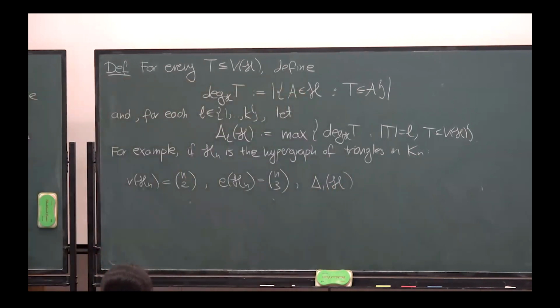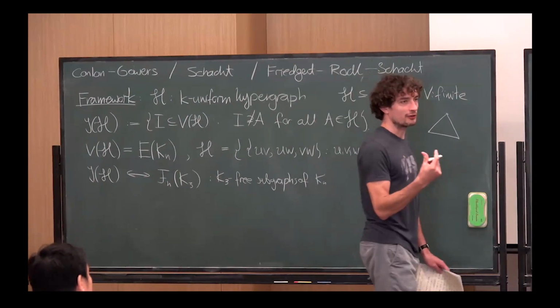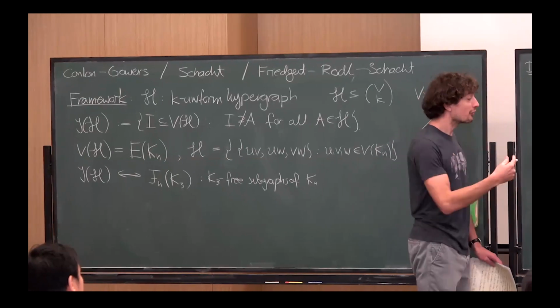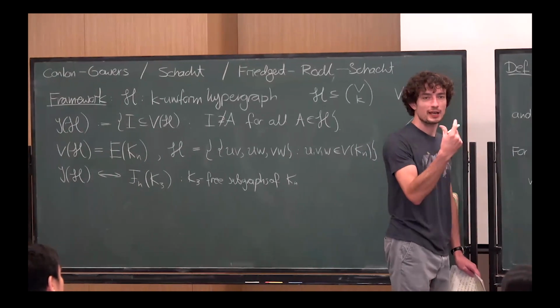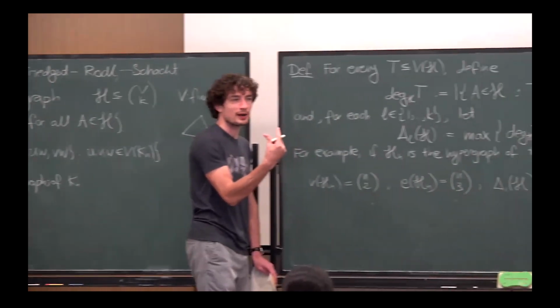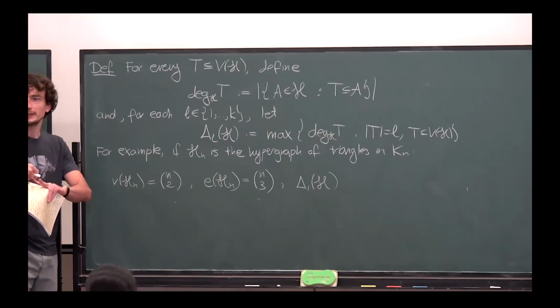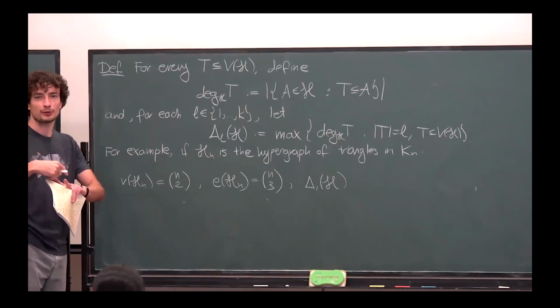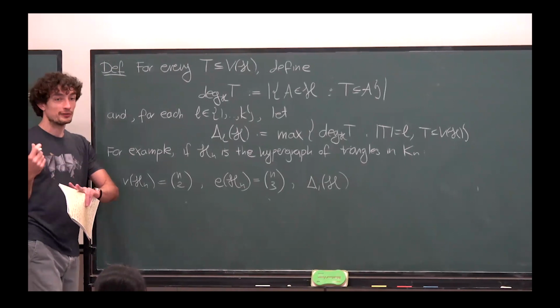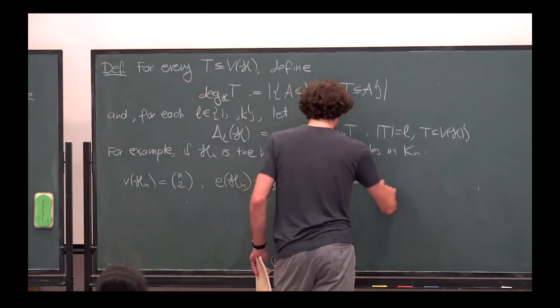The maximum degree would be the largest number of triangles that contain a given hypervertex, which means a given edge of the complete graph. But in fact, every edge of the complete graph is contained in precisely n-2 triangles, because you just need to choose the third vertex. So this is equal to n-2.